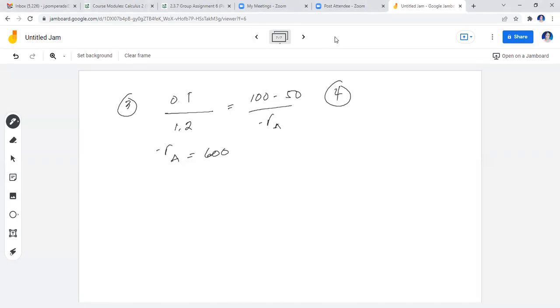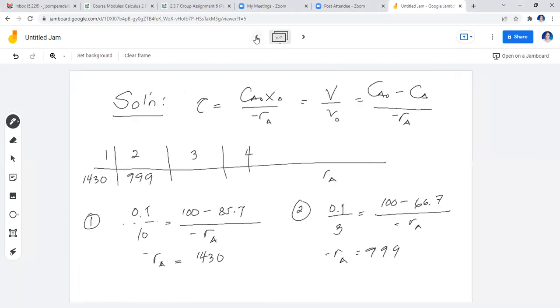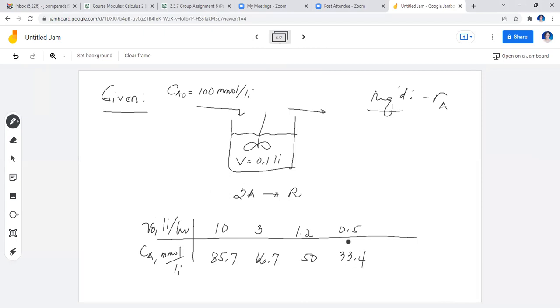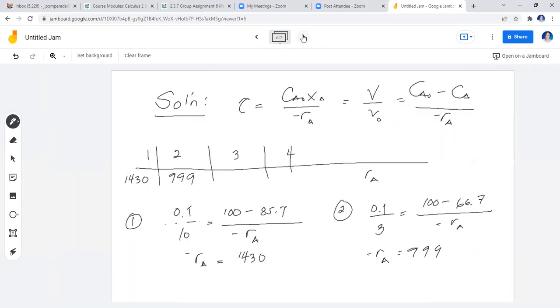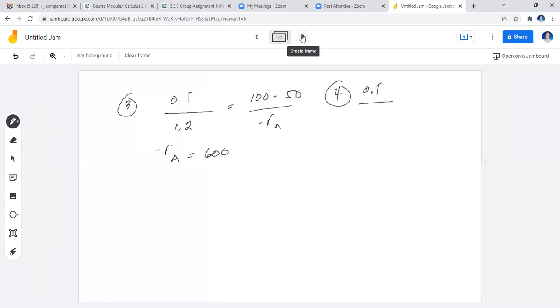Okay, for the fourth, you have the same thing, 0.1. We divide it by 0.5, and 33.3 for the final concentration. So 0.5, 100 minus 33.3 over the rate.